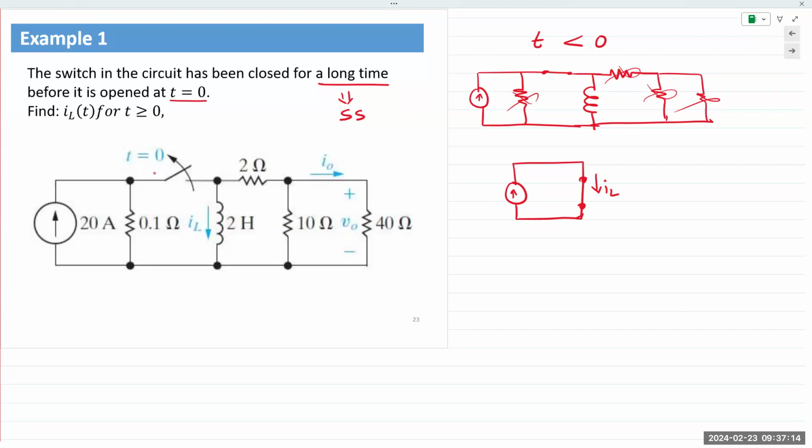The only thing we care about is it's been closed for a very long time. So the inductor is at steady state. It's a short circuit. All of the current is flowing to the inductor, meaning IL should have a value equal to the source IS, in this case, 20 amps.